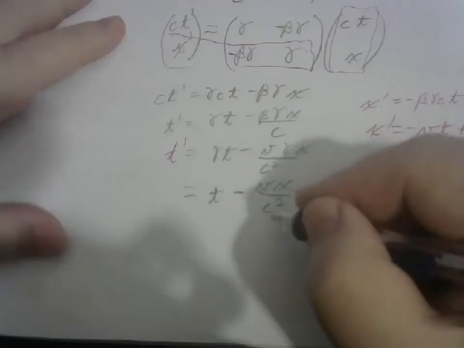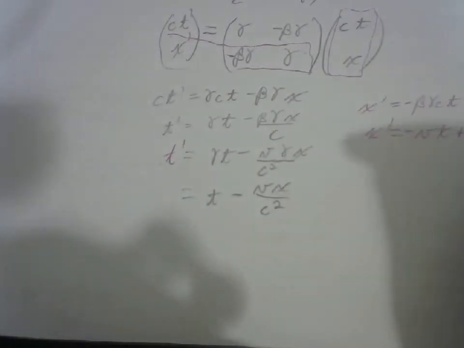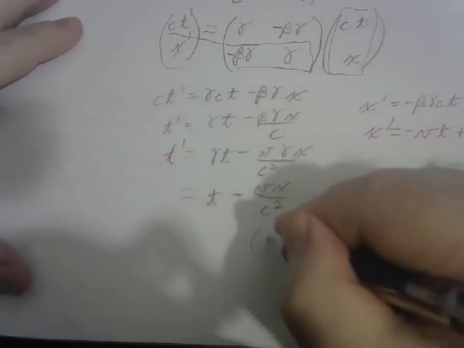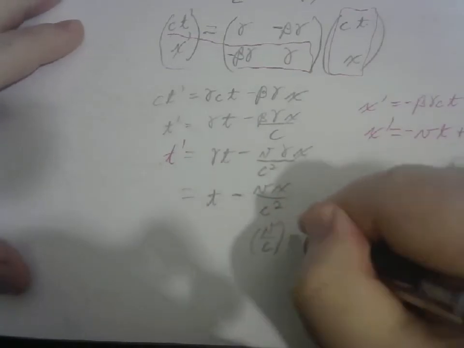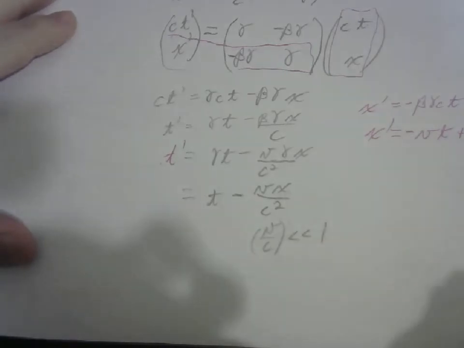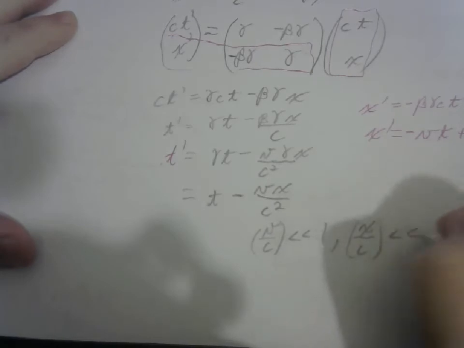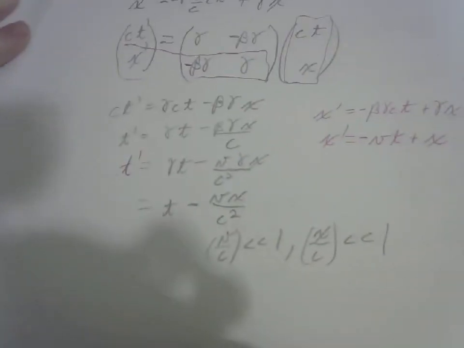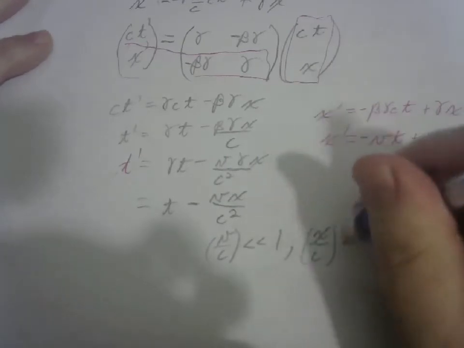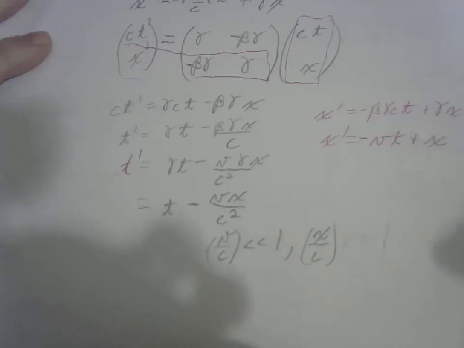And indeed he's right. For this to come out close to 0, you need two assumptions: v over c is much, much less than 1, and you also need x over c to be much less than 1. Actually, you don't need it much, much less than 1, you just need it not too big.